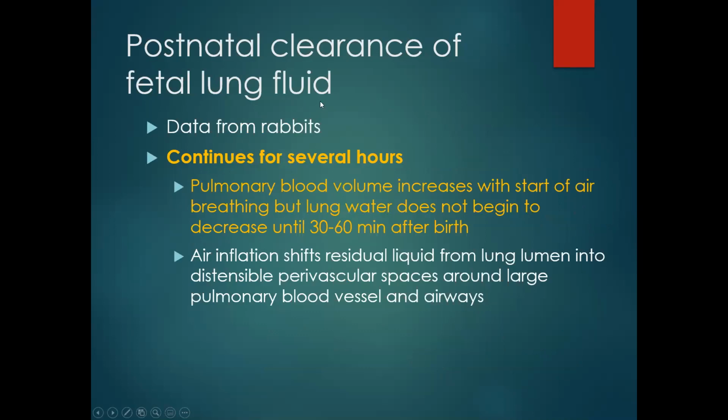And so this data from rabbits shows that this process may take several hours. And therefore, when you have a baby with TTN or transient tachypnea of the newborn, the time for babies to resolve the symptoms is based on how much fluid they have and how fast this lung fluid clearance occurs.